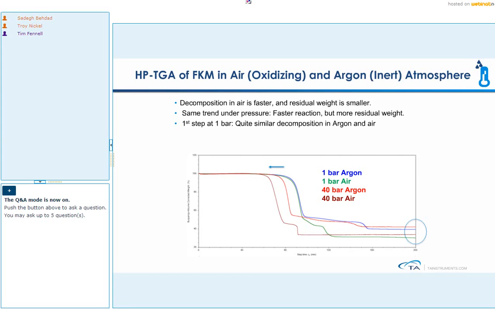In both samples, when we are increasing pressure, we are shifting those temperatures to lower temperatures. The decomposition starts sooner. But in the end, the residual weight under argon was more than what you saw in air. So that's the kind of information that you can expect from a typical high pressure TGA test.